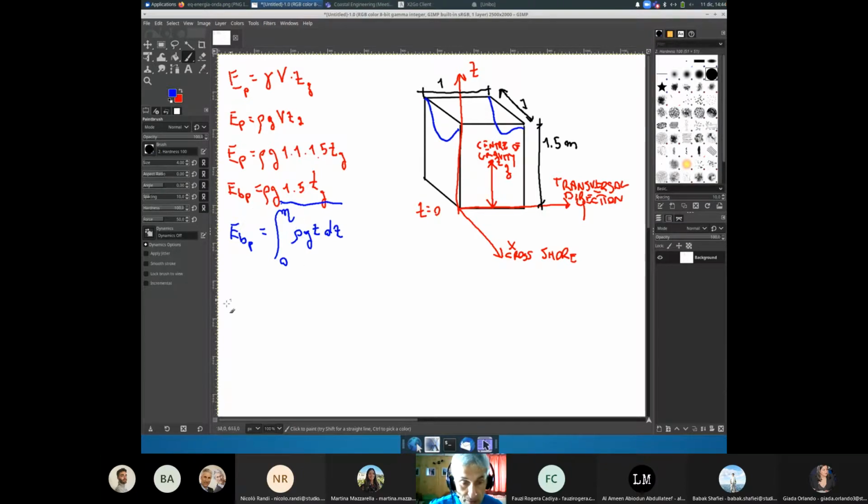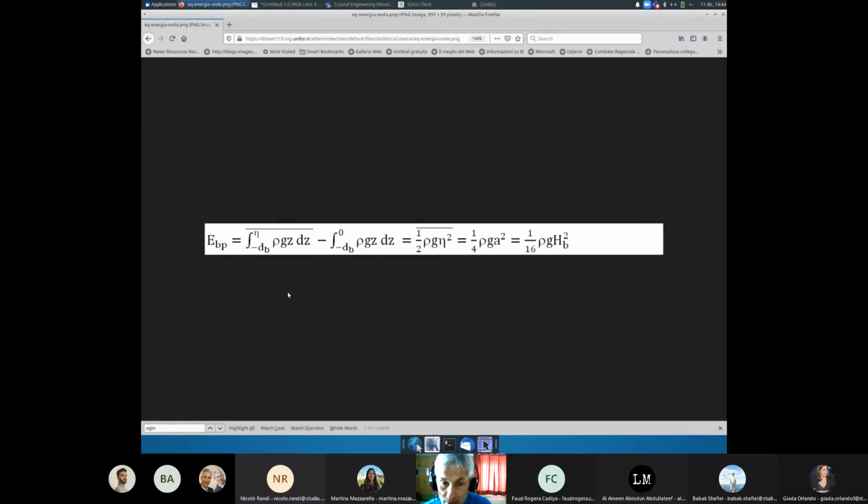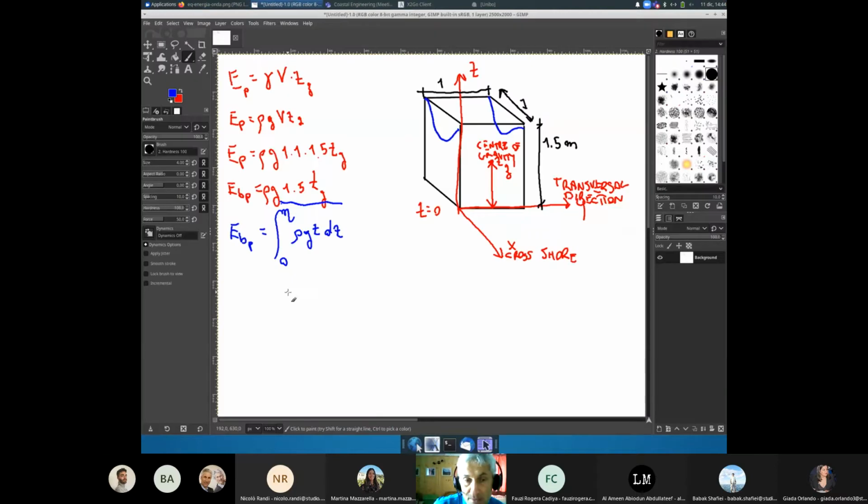Now, this integral that you see written here, as I said, it's not the same integral that I wrote in the web page here. So let me explain why it's not the same, because in this simplified scheme, I wanted to compute the energy of the wave with respect to an arbitrary horizontal plane z equals 0.